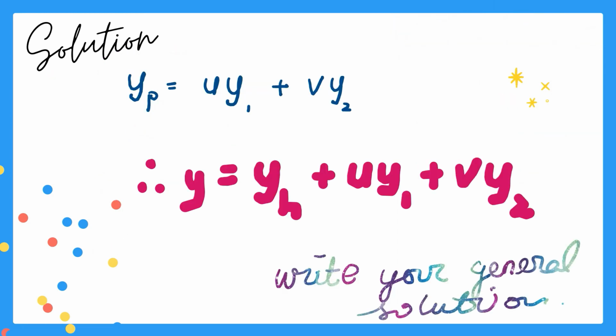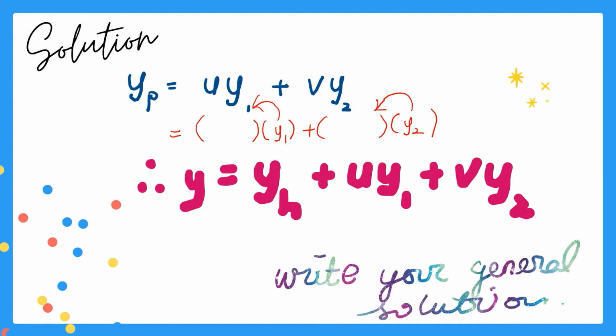We can reach the solution of yp by substituting what your u is here. Plug in your u and multiply by your y1, plus your v times your y2, and then simplify by multiplying your y1 into your u and your y2 into your v.